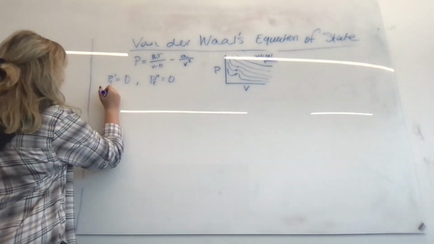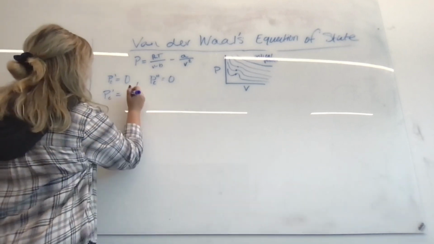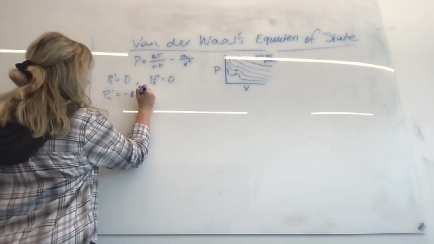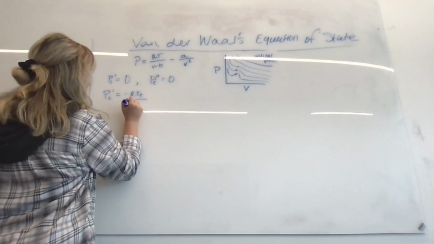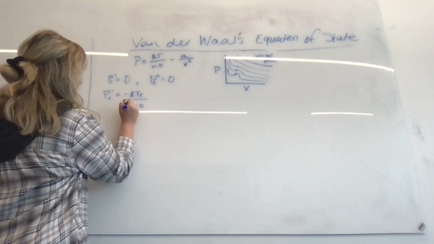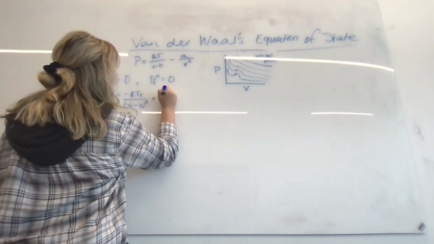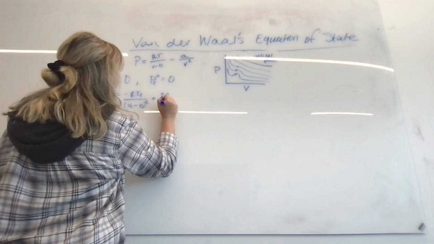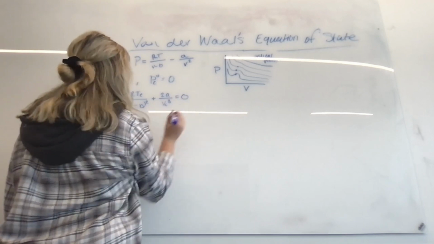So our first derivative is going to be equal to negative R times our critical temperature over our critical volume minus B squared plus 2A over critical volume cubed, and that is equal to 0.